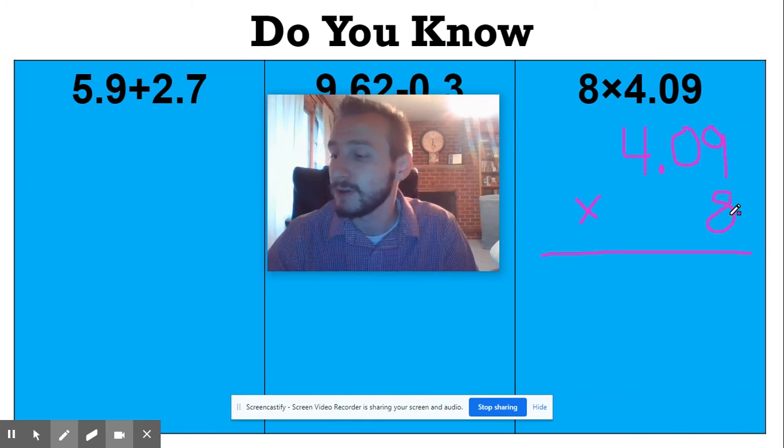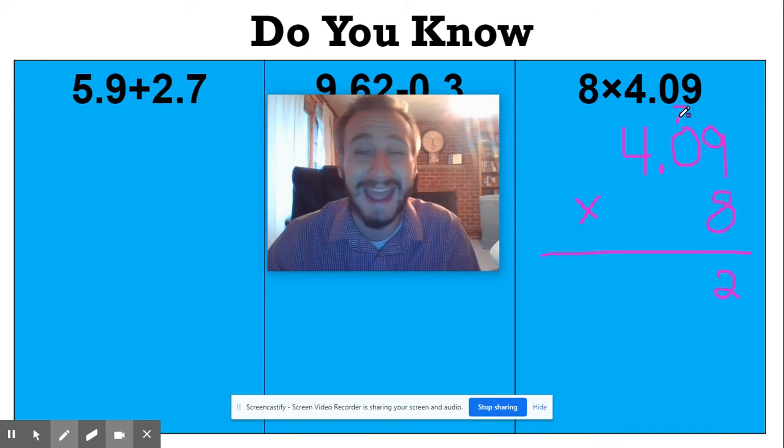So we are going to want to put a 2 here and a 7 up top. Then do 8 times 0, which is just 0, and then add 7, which just gives you 7. Now let's do 8 times 4, 32. So you write a 2 and a 3.